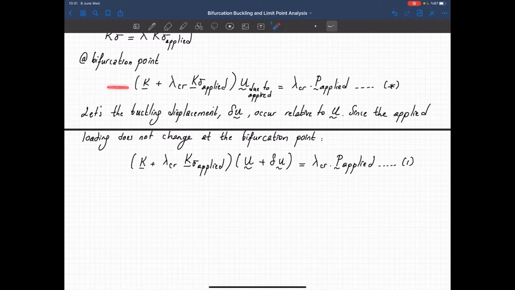So we have two equations. Let's subtract equation star from equation 1.